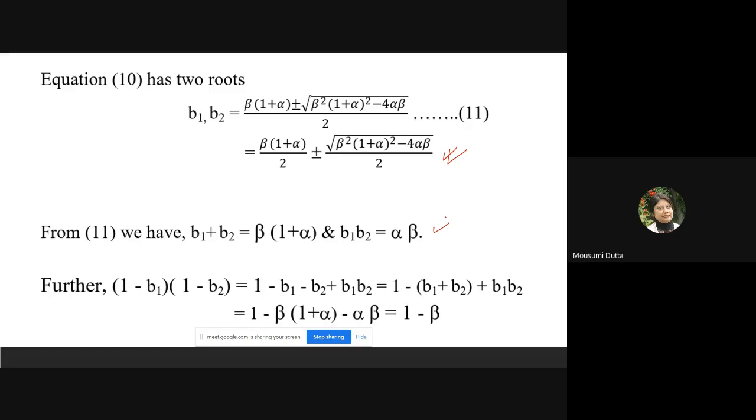That is 4 alpha beta will be greater than beta square into 1 plus alpha square. Whereas in real, beta square into 1 plus alpha square is greater than, or equal to, 4 alpha beta.